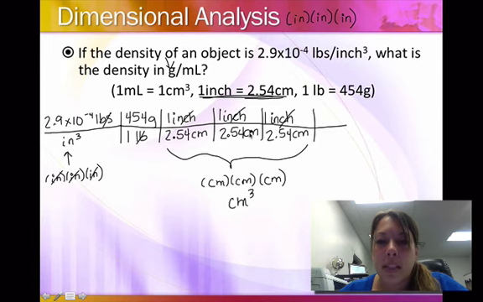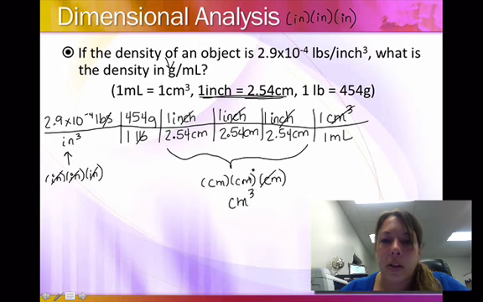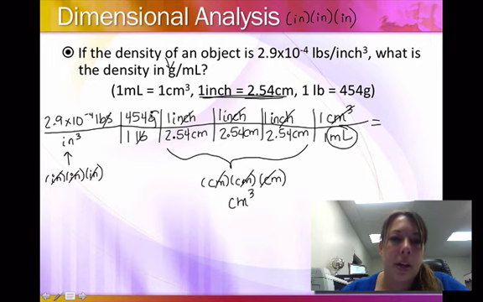So my cubic centimeters are on the bottom, which means my 1 centimeter cube should go on the top, and my 1 milliliter needs to go on the bottom. That will cancel all of these, and I am left with milliliters on the bottom, grams on the top, which is what they asked me for.